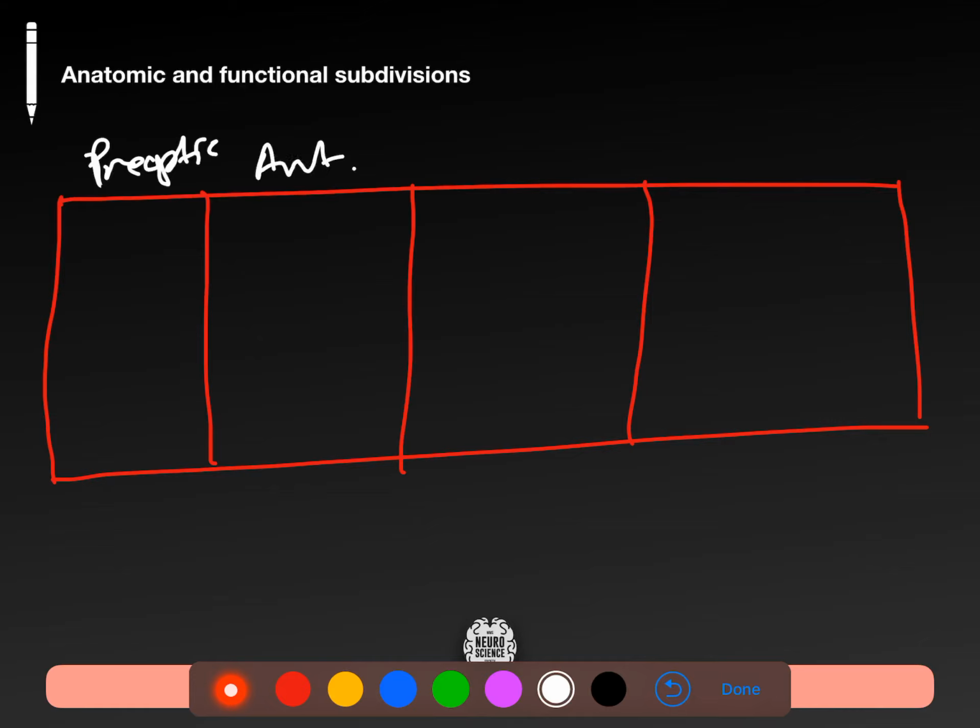So we have a preoptic region, we have an anterior region, we have a medial region, which is sometimes called a tuberal region. If you remember when we did the dopaminergic pathways, there is a tubero-infundibular tract that carries things from a certain nucleus here called the arcuate nucleus down to the pituitary gland, hence why it's called tuberal.